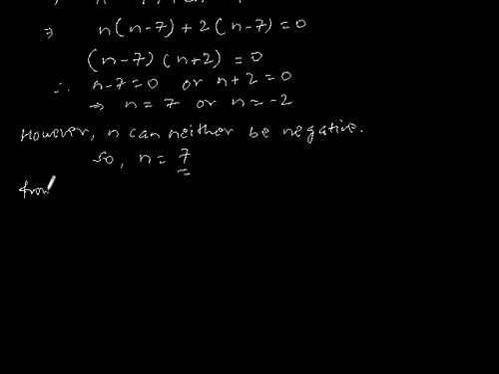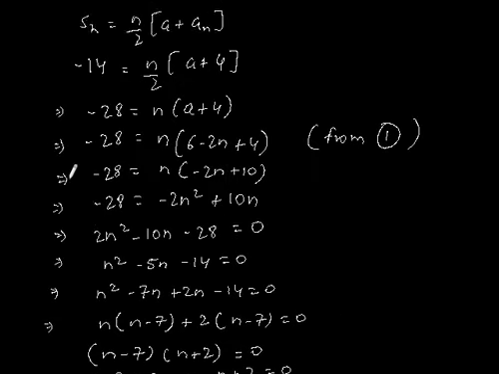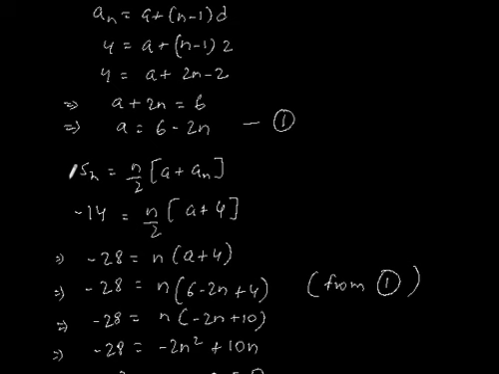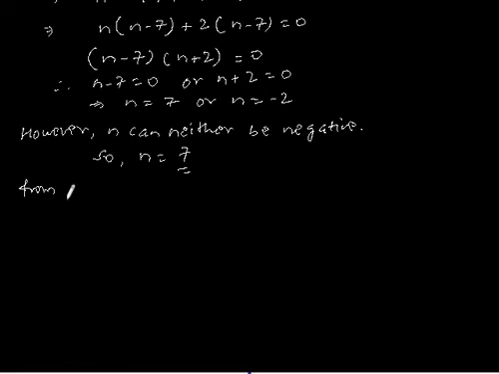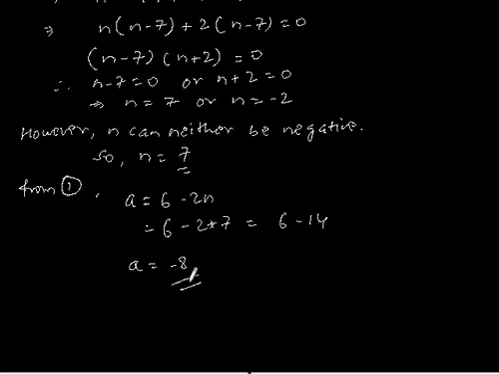Now from equation 1, which is a is equal to 6 minus 2n, putting the value of n, we will get 6 minus 2 into 7, which is equal to 6 minus 14, which gives a is equal to minus 8. So n is equal to 7 and a is equal to minus 8.